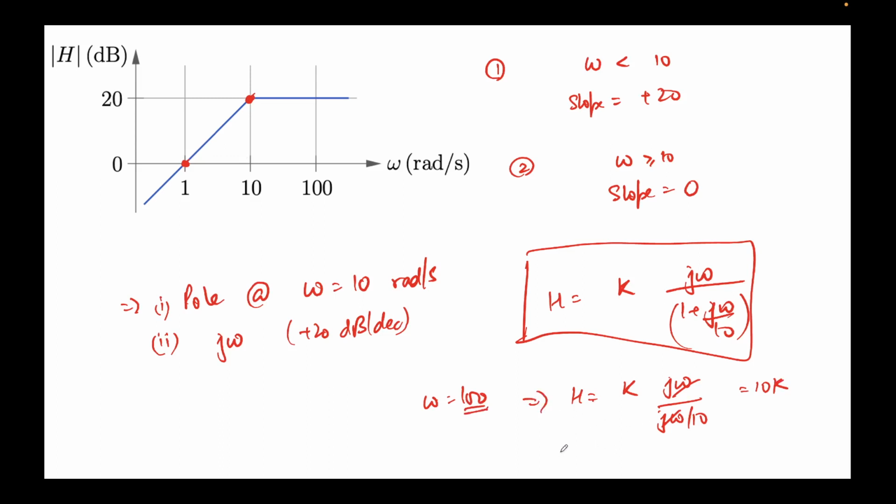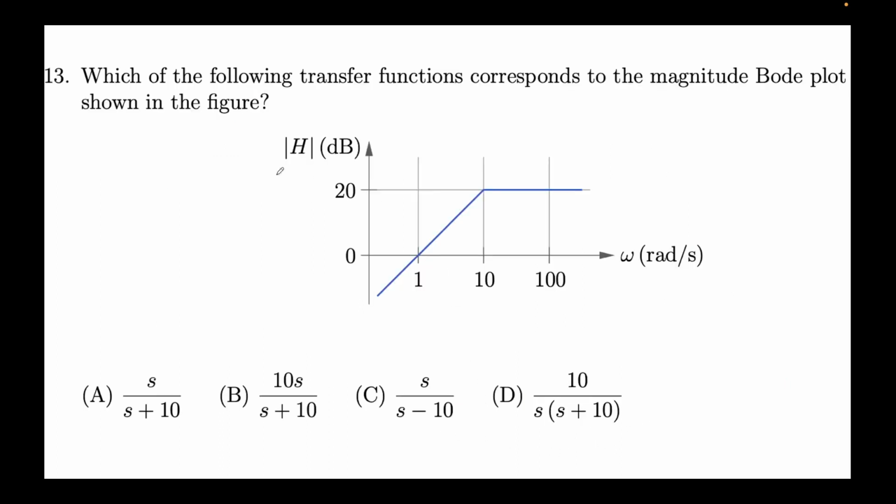So this implies 20 log 10k equals 20, because this is the point where I put the value equal to 20. This will give me log 10k equal to 1. 10 to the power 1 is 10, so 10k will come out to be 10 to the power 1.